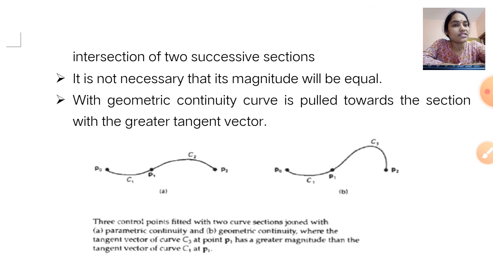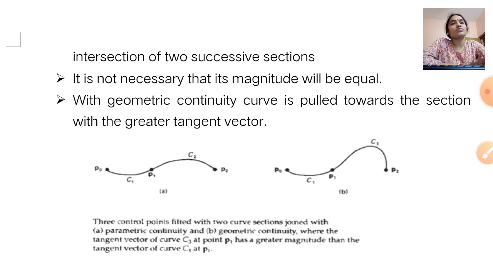That means C1 has less magnitude, but C3 has more magnitude. But in the case of the parametric condition, both are the same, equal.